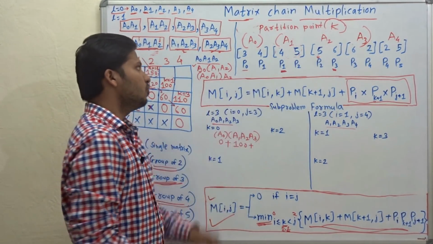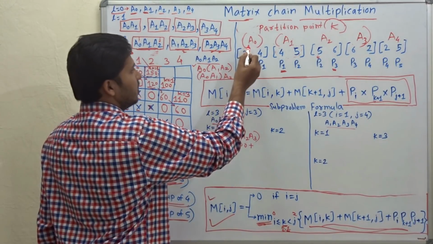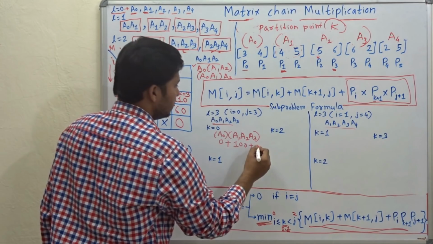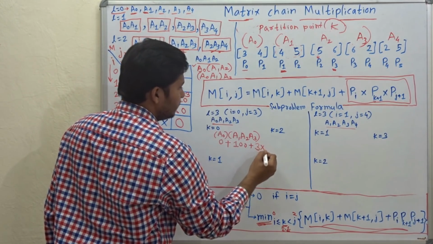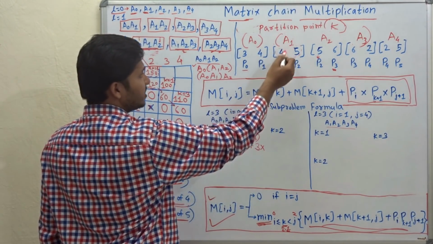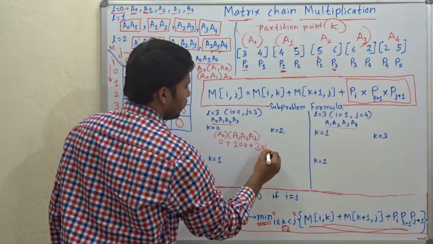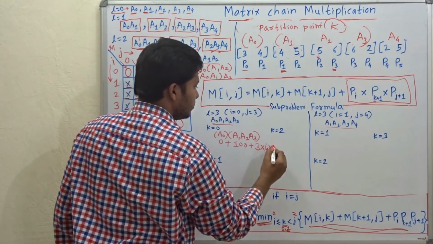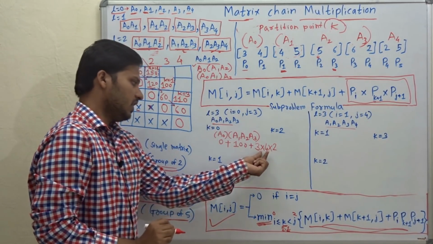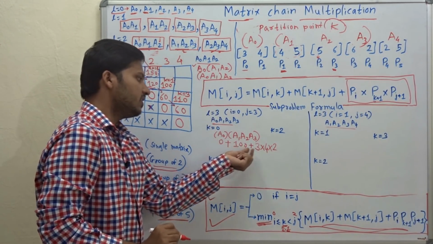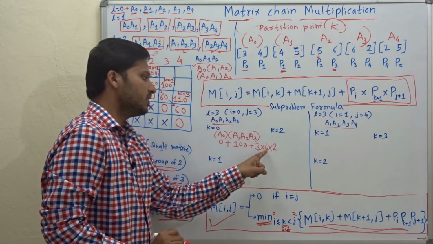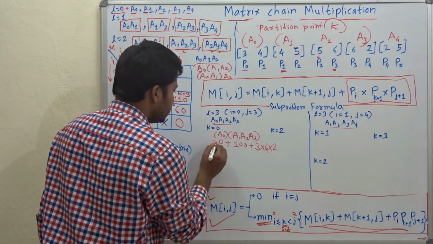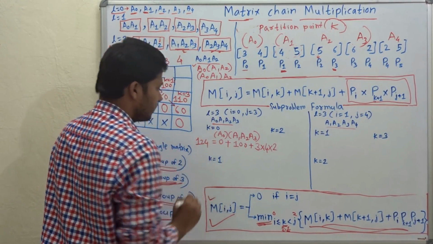So the first dimension in the first partition is 3, into the first dimension in the second partition, 4, into the last dimension in the second partition, 2. So 0 plus 100 plus 3 into 4 is 12, 12 into 2 is 24. So the total is 124.